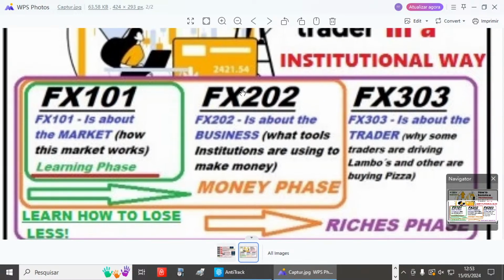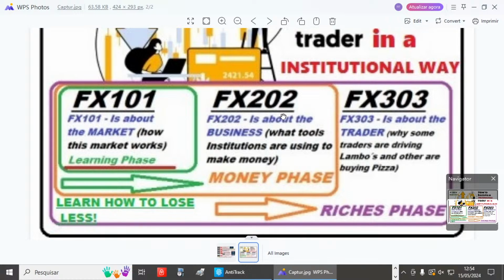But the institutional trader, the rich institution, they have the analyst and the trader and the coach. But John as a retail trader must be 3 in 1. This is one of the big reasons that explains why 90% of retail traders lose. It's not that easy, okay?